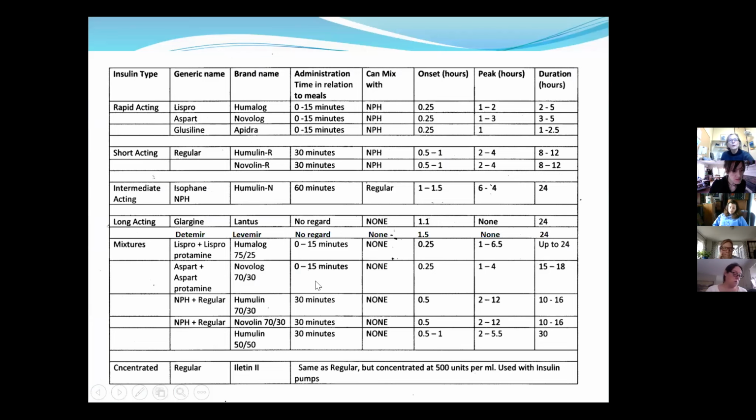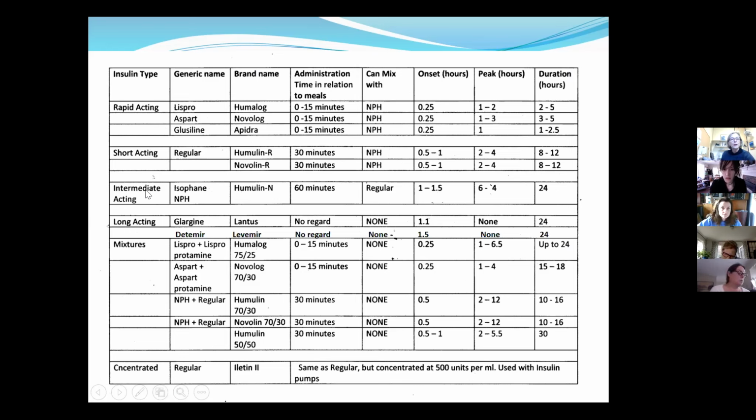These two slides are essentially telling you the same information, but it might be slightly different, because different charts have slightly different information. On a test question, I will never nitpick between charts. The previous chart was from your book. This is a pretty standard chart. I want you to just be aware of what's rapid, what's short.